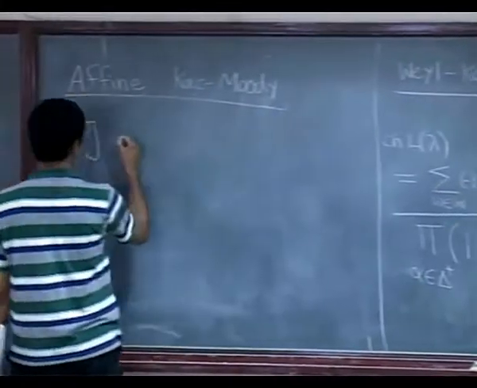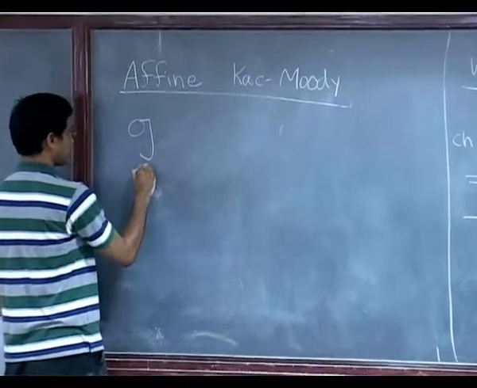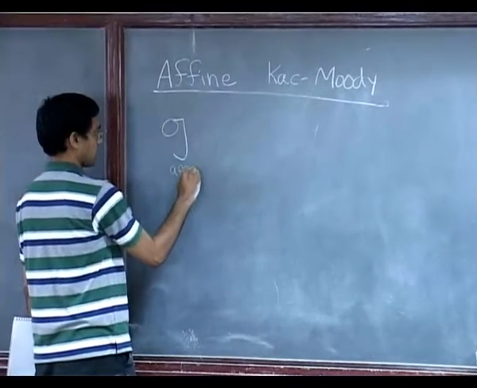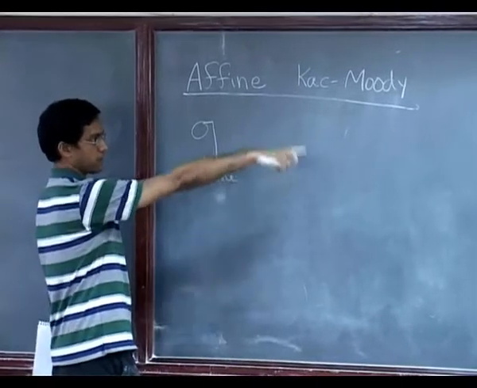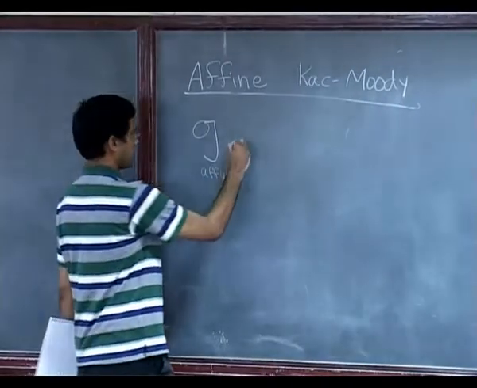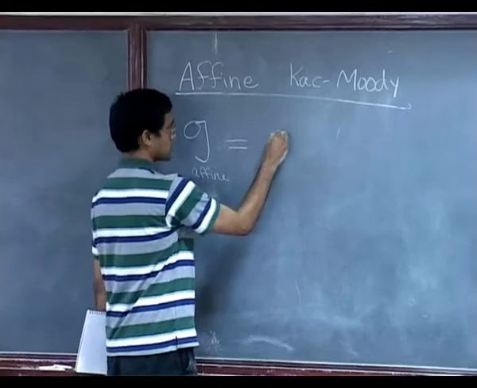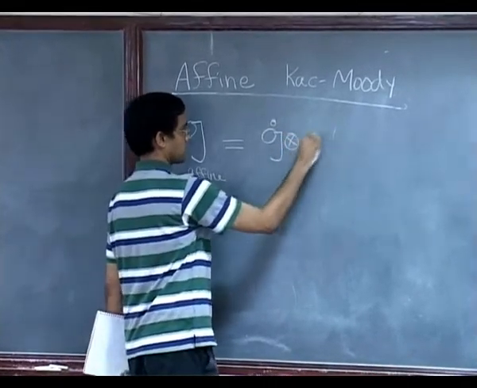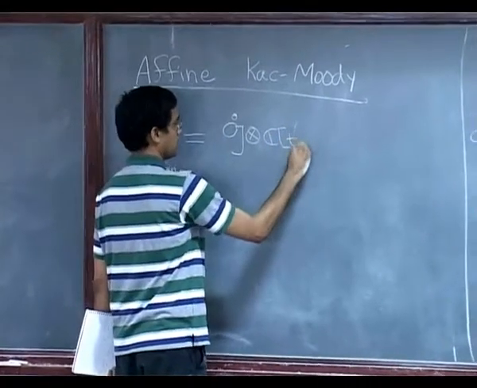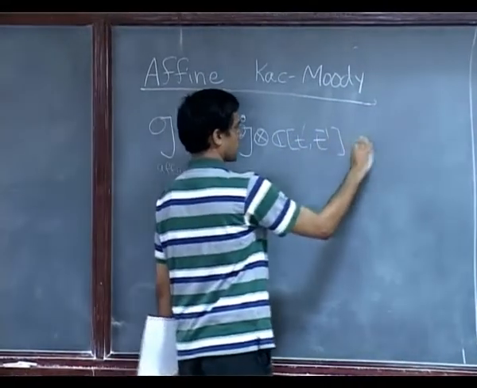So, here recall, so what is G? G I am going to think of as an affine Kac-Moody algebra, for which I am going to apply that formula, but recall what was that? That was constructed starting from a finite dimensional simple Lie algebra by this process.